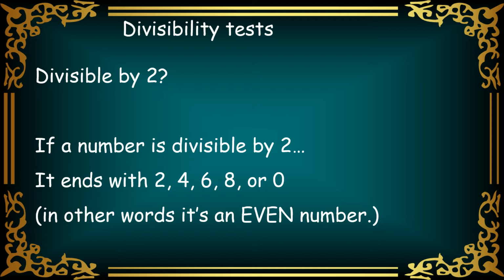Okay, that means in other words it's an even number. Any number that has 0, 2, 4, 6 or 8 at its units place, or ones place, is said to be divisible by 2.